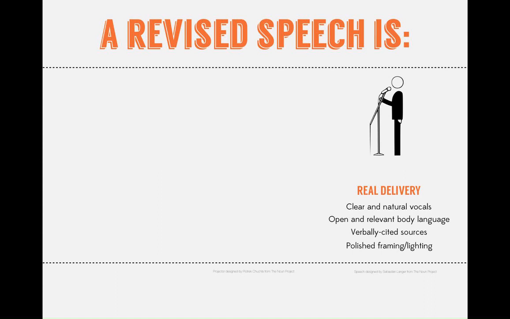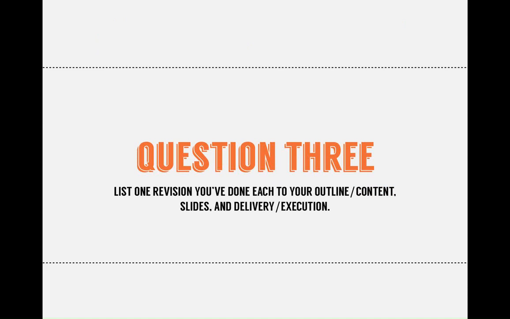So question 3 is coming up. List one revision you've made or done to your outline or content, to your slides, and to your delivery, right? It could even be things that you're planning on doing, right? Especially in terms of delivery, because I know we were on spring break, so you might not have had a chance to take a look at that feedback.